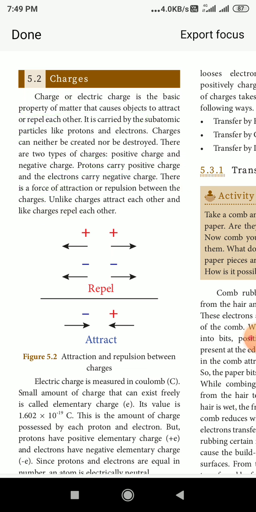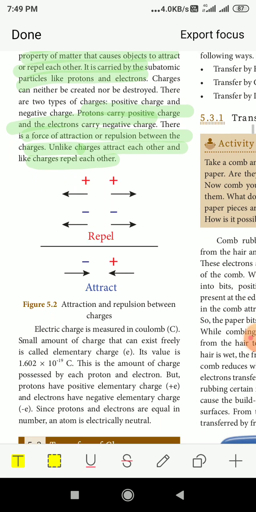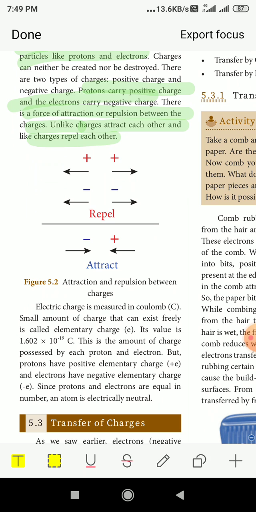Electric charge is measured in coulomb. So the unit of electric charge is coulomb. The smallest amount of charge that can exist freely is called the elementary charge, and its value is 1.602 into 10 raised to minus 19 coulomb.